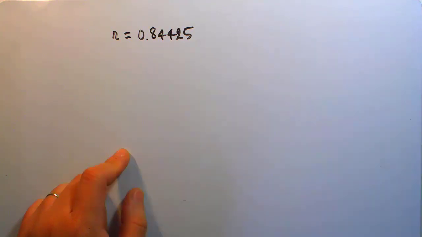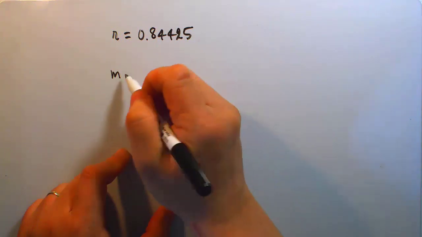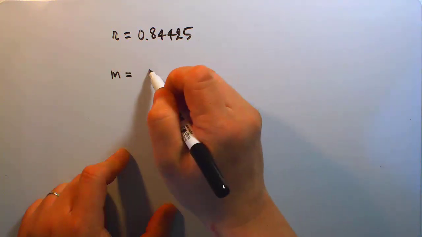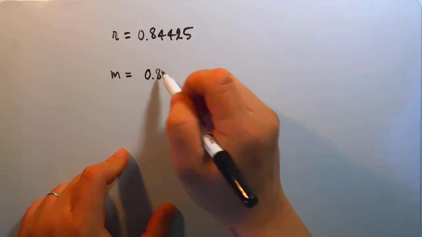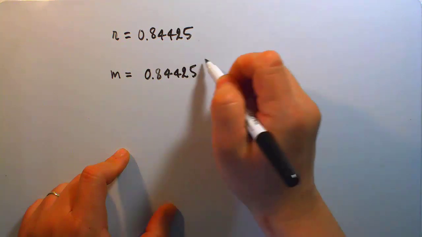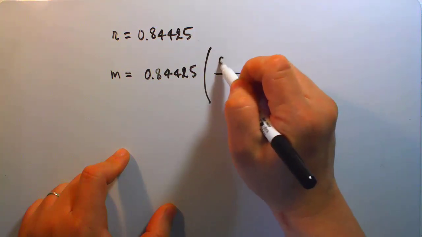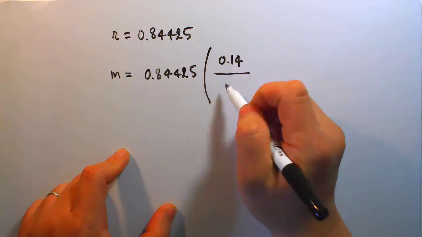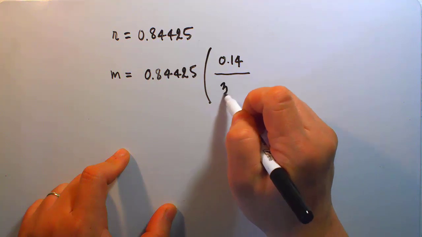Now, according to the slope formula, we multiply this correlation coefficient 0.84425 by s y, which was 0.14, over s x, the standard deviation of the x list, which we found was 3.6.